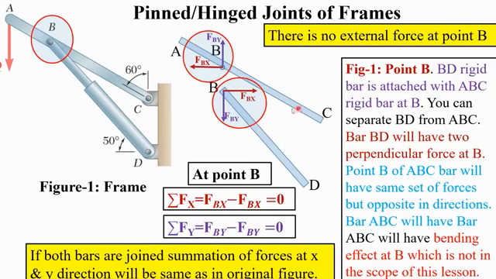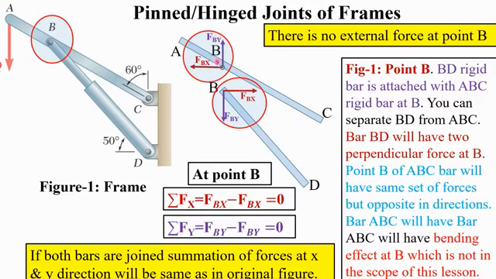However, it will have two reactions, in x direction FBX and y direction FBY. We have considered F means force, B means point B, and Y and X mean direction. This point of ABC will have the same reactions, only opposite in direction. That is, it will have FBY and FBX.